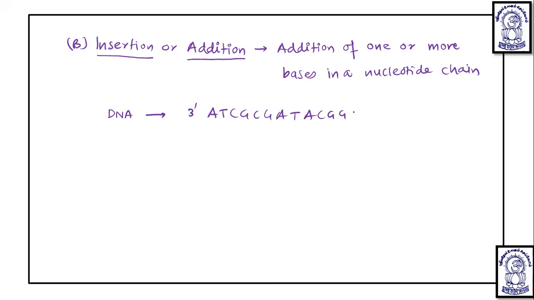Let's change the sequence and draw it separately so we'll have space to make it properly. I'm taking the DNA sequence 3' ATGCGCATCGAC 5'.